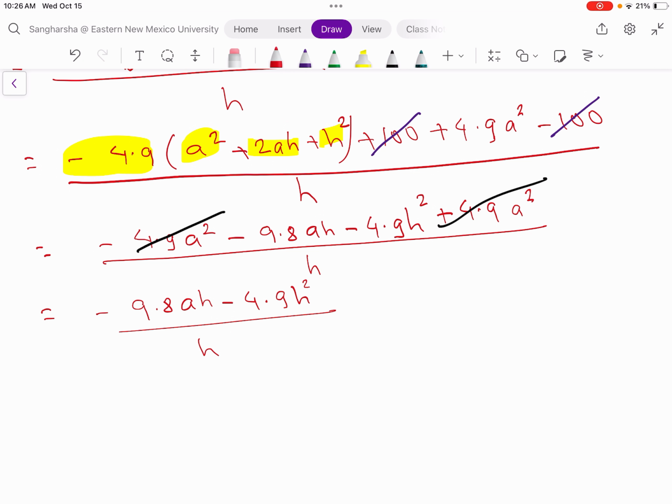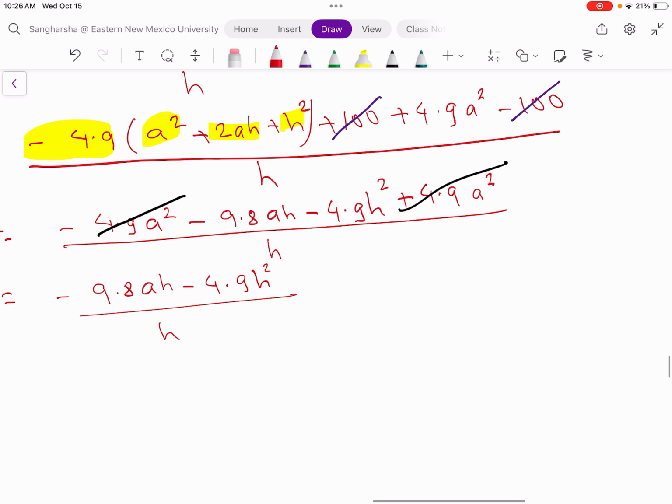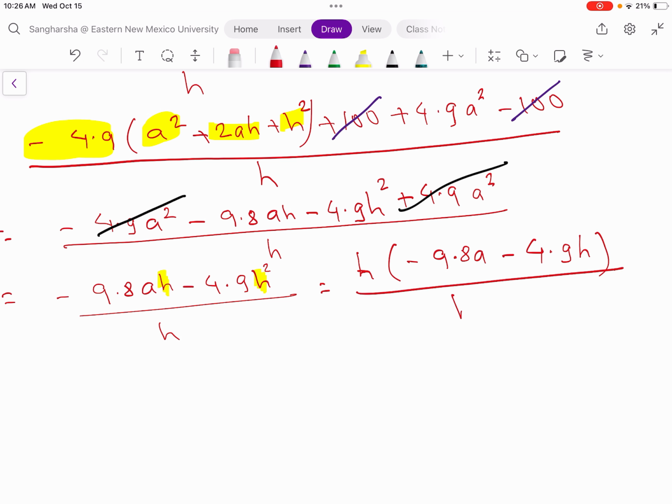Now how do we do that? We factor out h from the numerator. So we have h common here, and if we factor out h, we have negative 9.8a minus 4.9h, times h, divided by h.